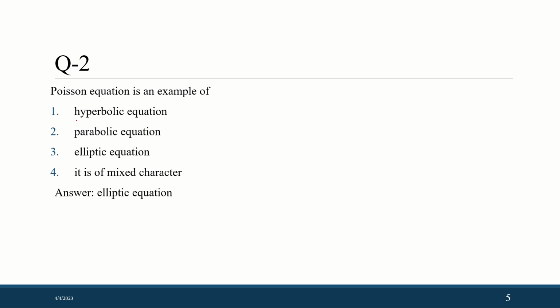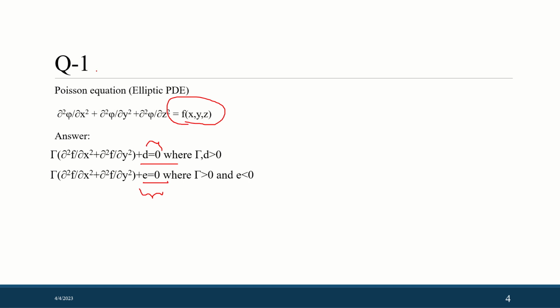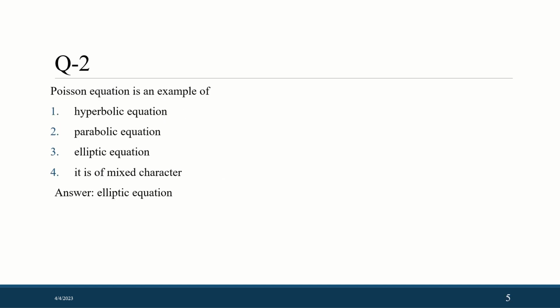Poisson equation is an example of hyperbolic equation, parabolic equation, elliptic equation, or is it of mixed character? In the last slide itself, we have seen that Poisson equation is given by this, where it is also mentioned that it is an elliptic partial differential equation. So the answer is elliptic equation.